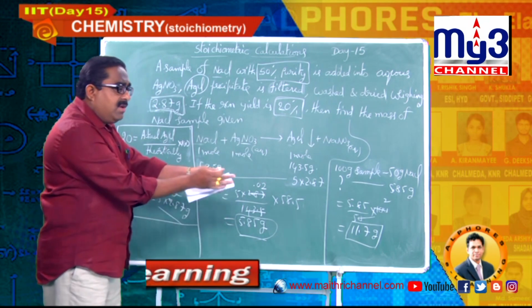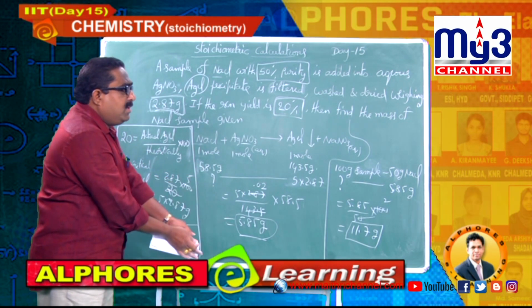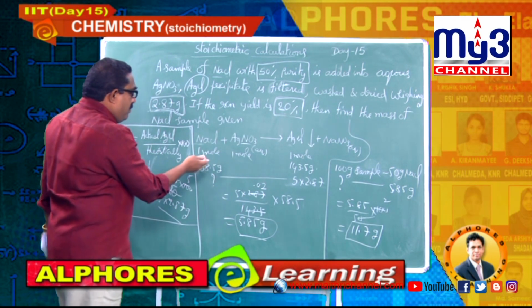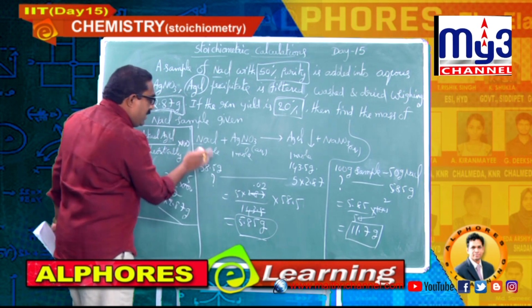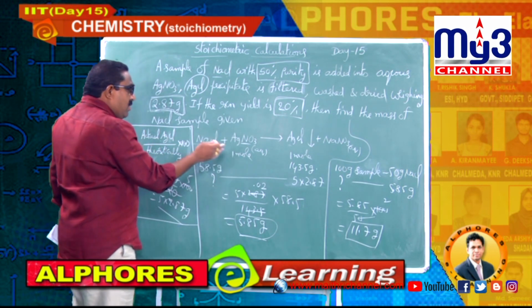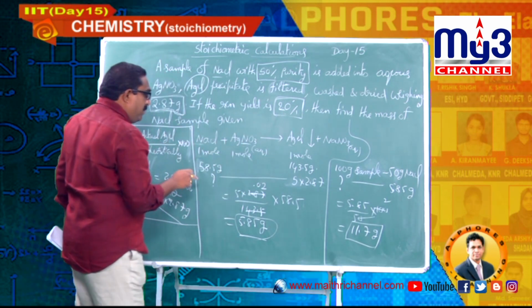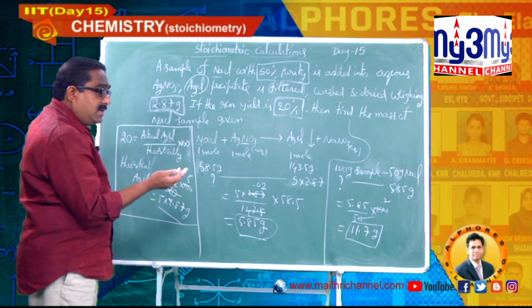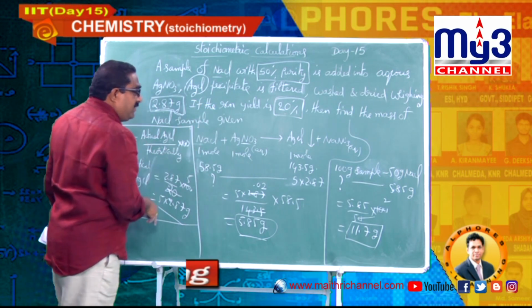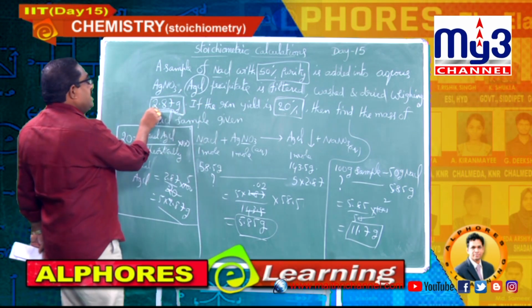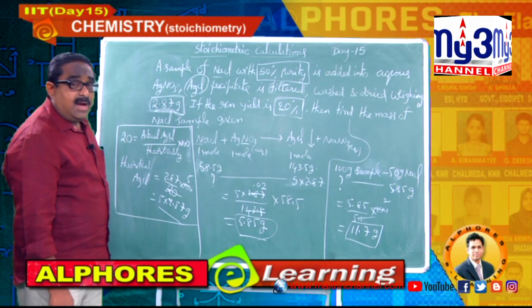It means if you are given 11.7 grams of sample, out of that only 5.85 grams will be sodium chloride, and after that 1 mole gives 1 mole, 58.5 gives that one, 5.85 gives how much, and including that only 20%. That's why finally you will get 2.87 grams.